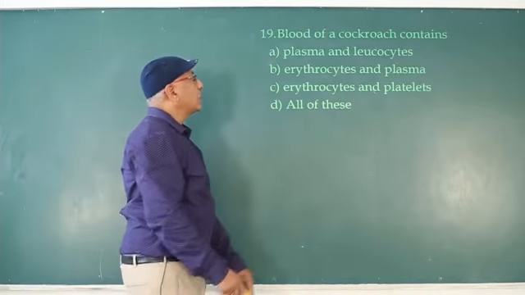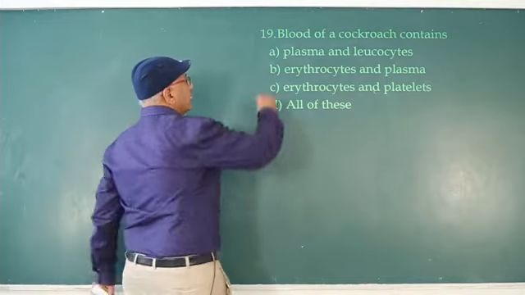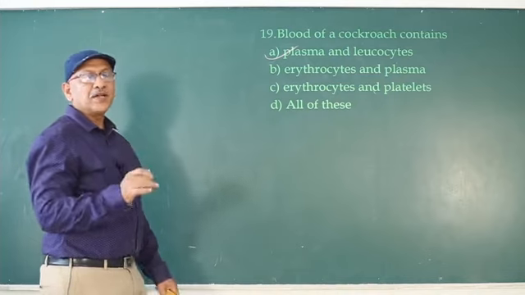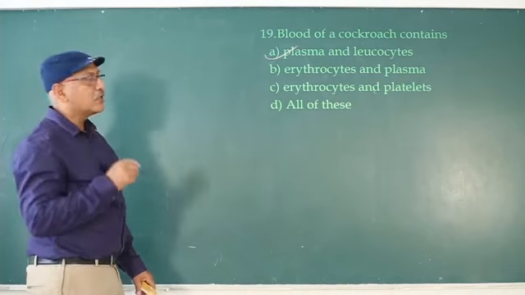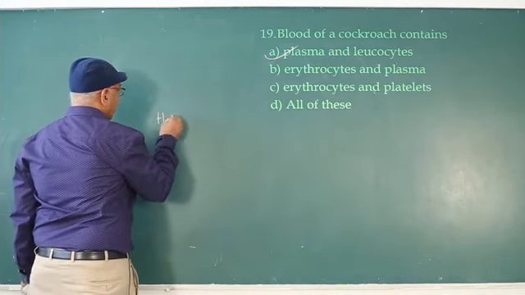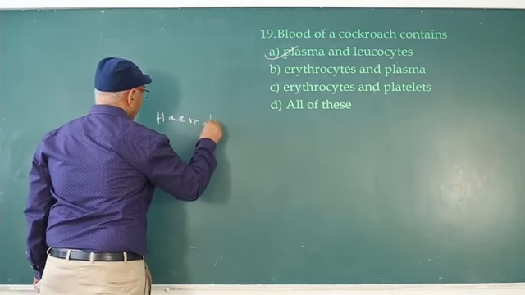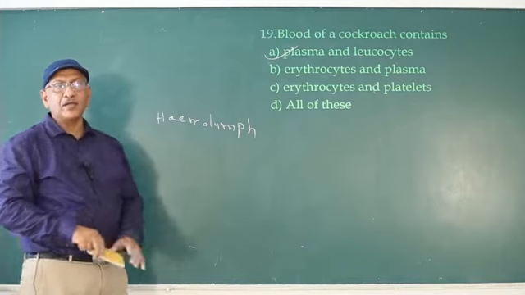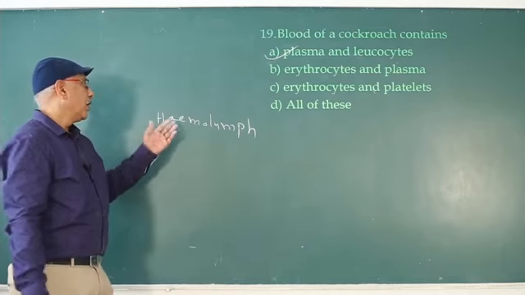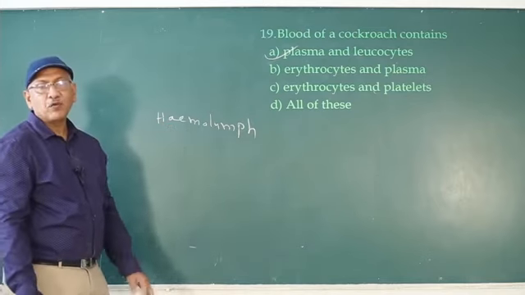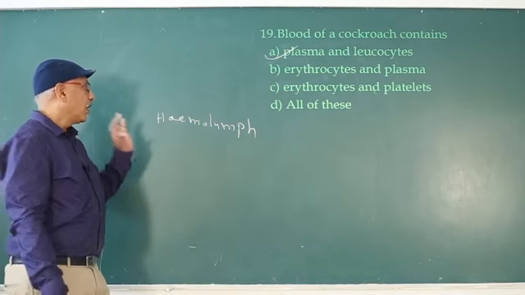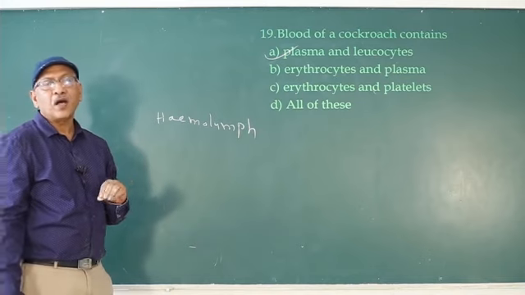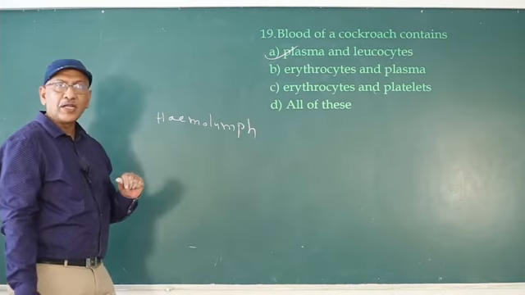Blood of a cockroach contains plasma and leukocytes. RBC are absent. Red blood corpuscles are absent in all invertebrates. That's why blood of invertebrates is known as hemolymph. Neither blood nor lymph. Why neither blood nor lymph? Like blood, blood of invertebrates contains plasma proteins.